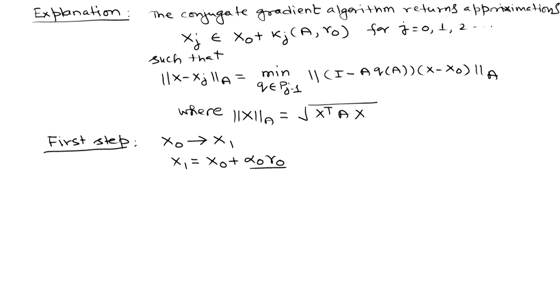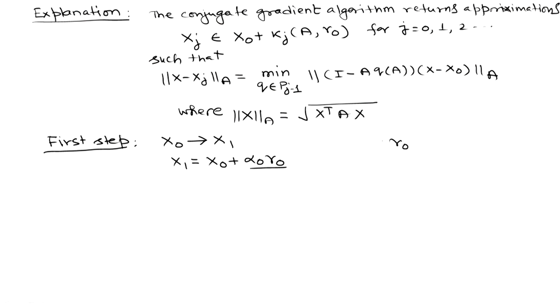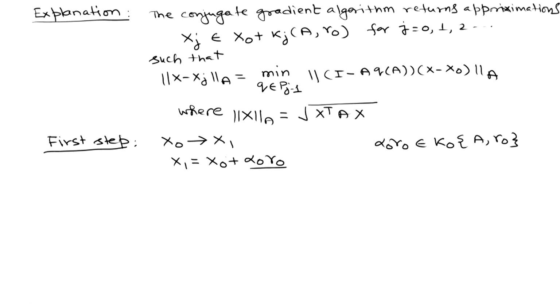Now, alpha 0 r 0 is a vector in K 1 of A and r 0, because this Krylov subspace will have scalar multiples of r 0. So, this belongs to x 0 plus K 1.